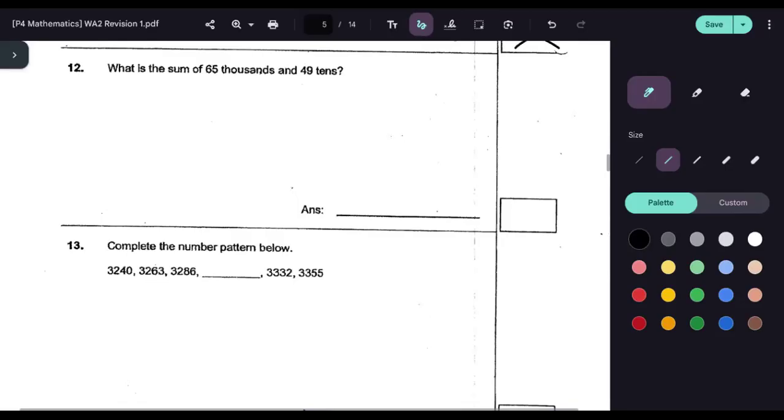Next, what is the sum of 65,000s and 49 tenths? 49 tenths is 490. 65,000 basically is 65,000. Okay, let me check whether it is correct or not.